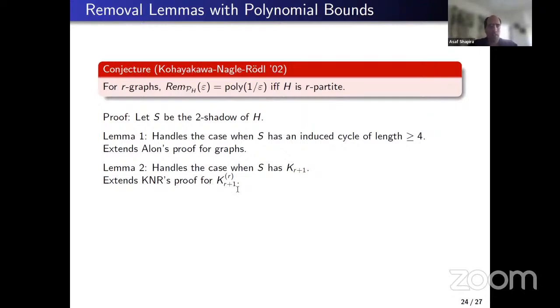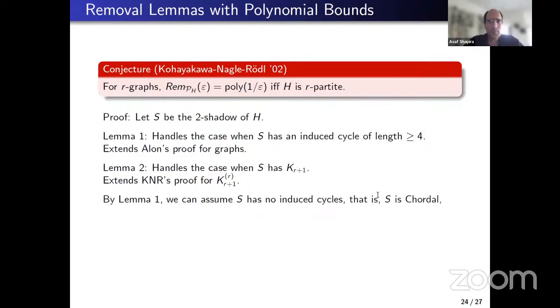And now let's see why these two lemmas allow us to handle all possible non-r-partite r-graphs. First of all, by lemma 1, we can assume that S has no induced cycle of length at least 4, because if it has, then lemma 1 gives the lower bound. So we can assume that S has no induced cycle, and therefore S is what is called chordal.